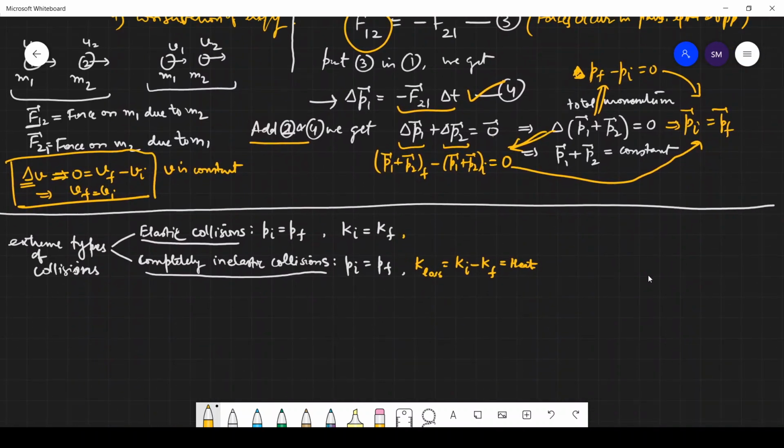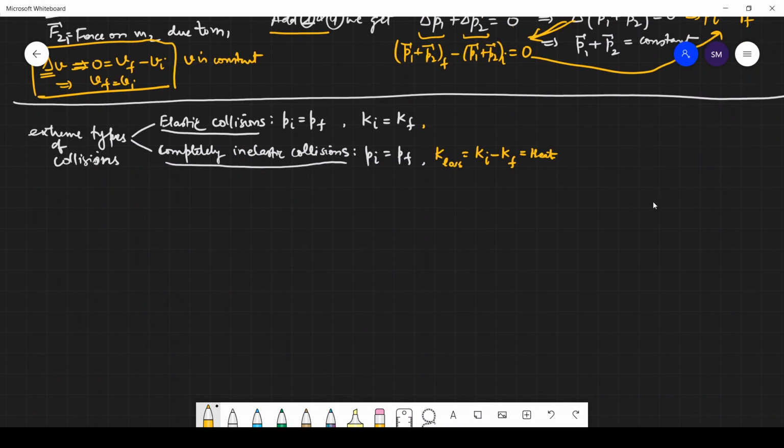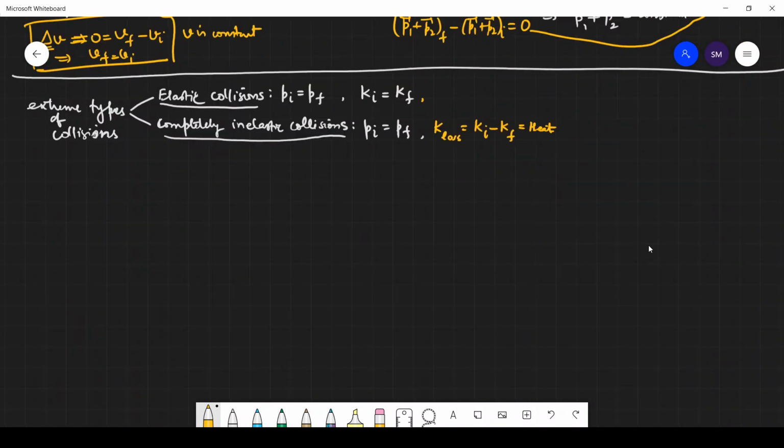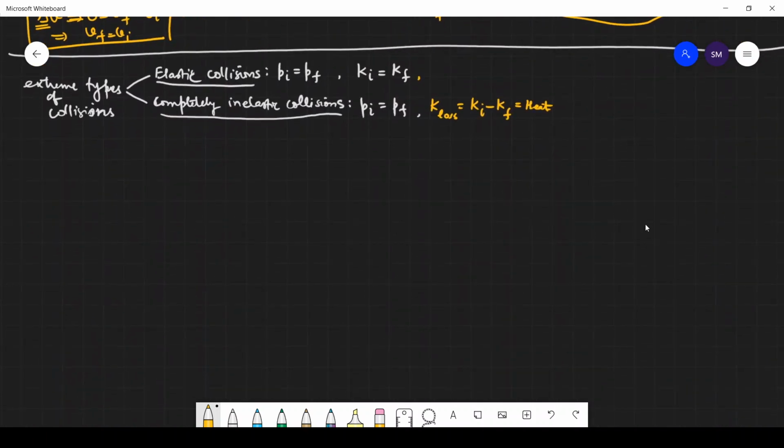In the last lesson we did a couple of questions based on elastic collision, and now we'll do a question related to completely inelastic collision.